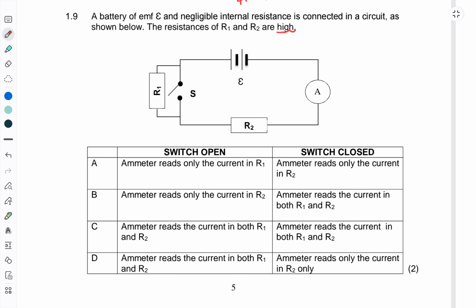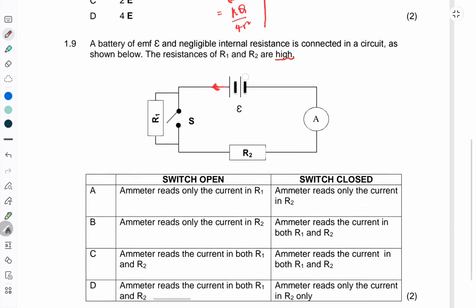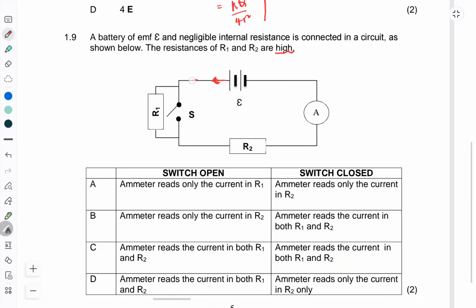Okay, so let's say the switch is open. Let's trace our current. Current will leave from the longer side of these lines representing a battery or cell. Then it goes like that, right? It won't be able to pass here because there's an open bridge there. The switch is open, so it can't pass there.